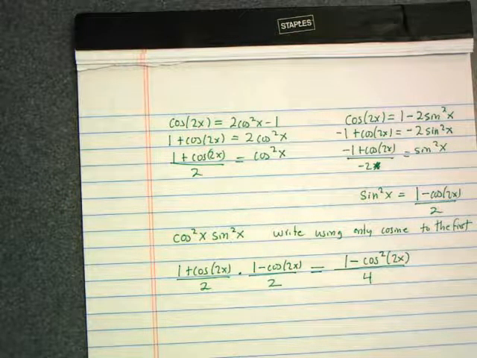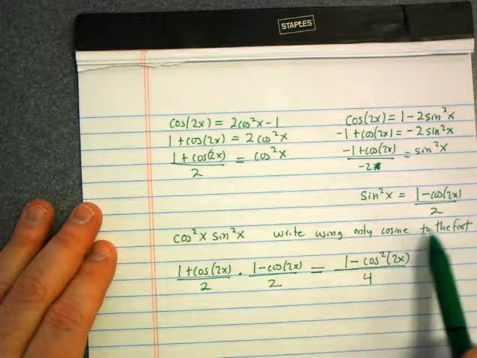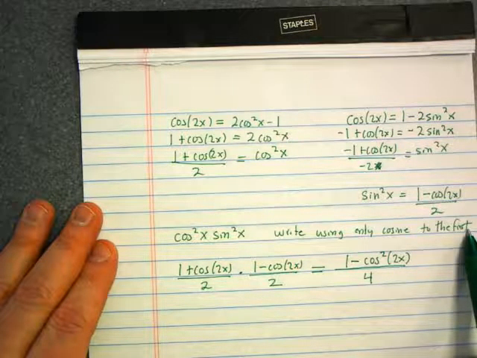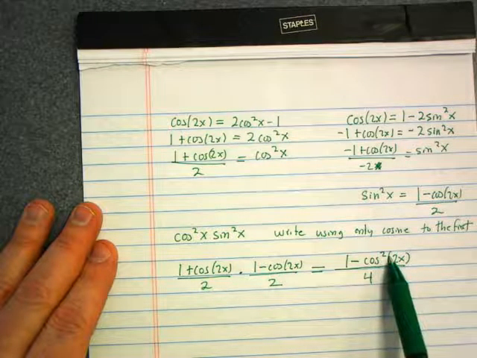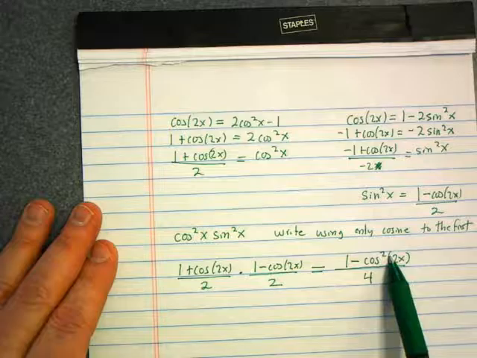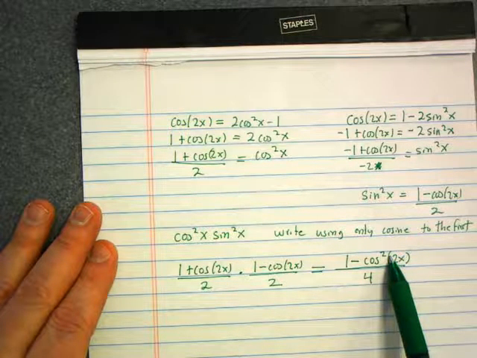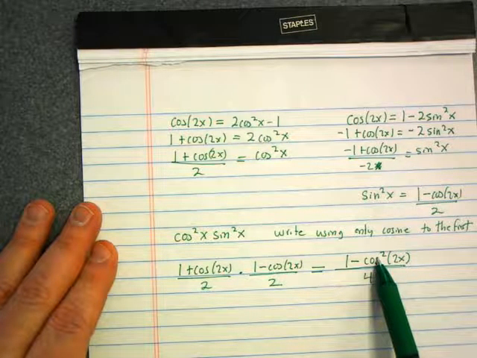So we're not done, because the direction said, write using only cosine to the first. Does our answer have cosine to the first? No. It has cosine squared. So what do I do? I use the power reduction formula again.